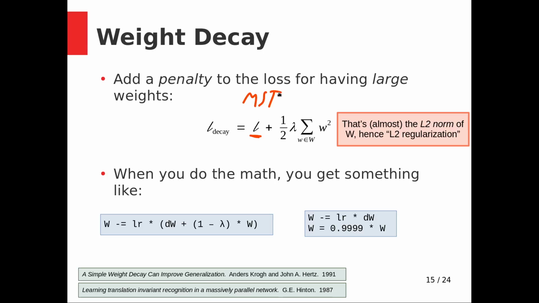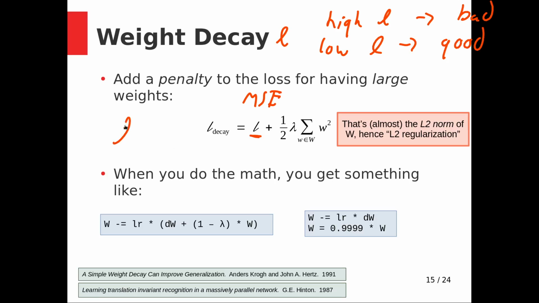That might be mean squared error, for example, right? And remember that L, the loss, is a function such that high L implies bad performance and low L implies good network performance, right?